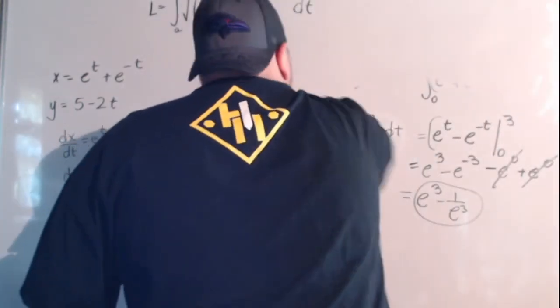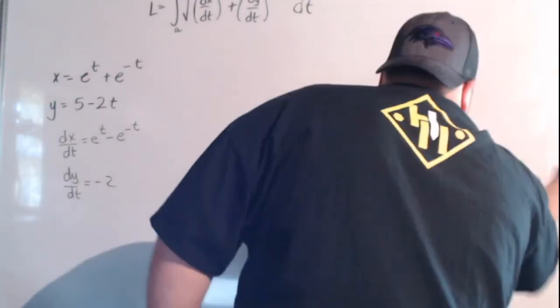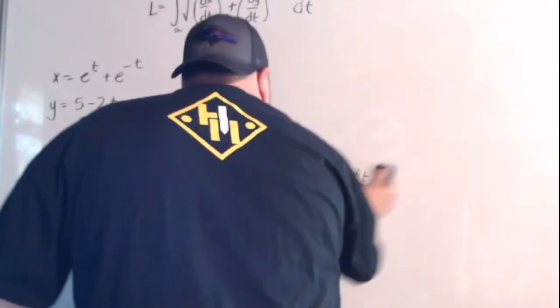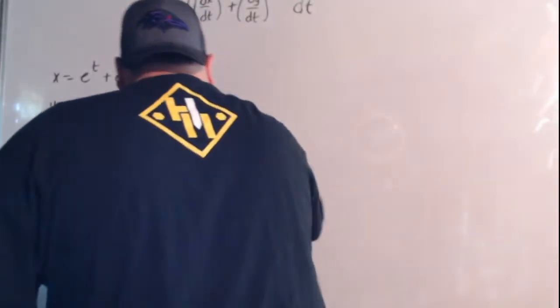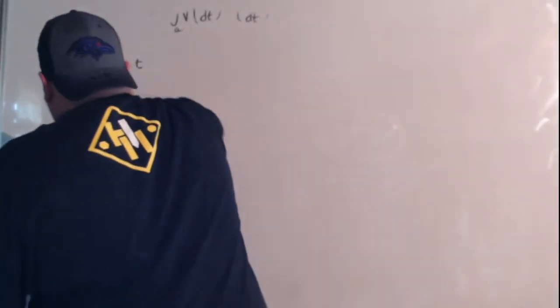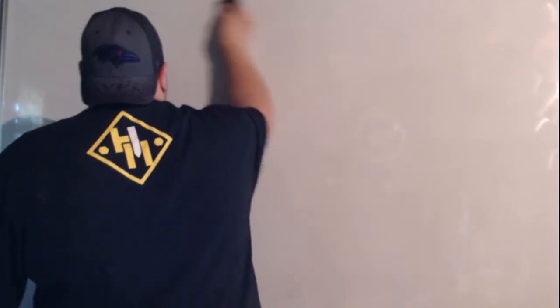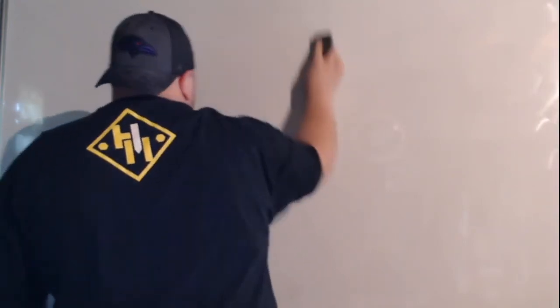So, parametric equations are typically a pair of equations that all depend on another variable. So x as a function of t and y as a function of t is our typical setup.